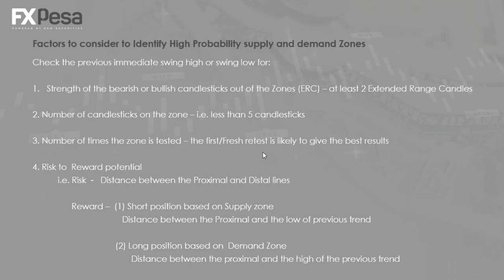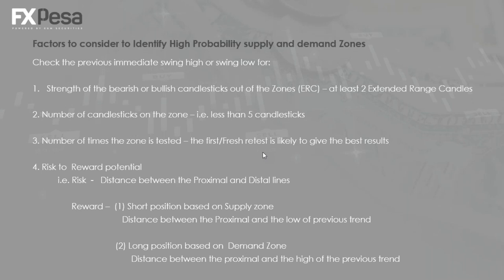So some of the factors that you should consider when you're trying to identify high probability supply and demand zones are the strength of the bearish or bullish candlesticks out of the zone, or what we are calling extended range candlesticks.